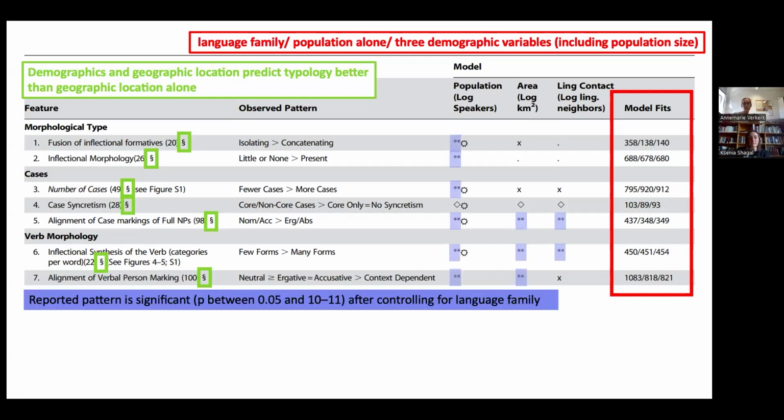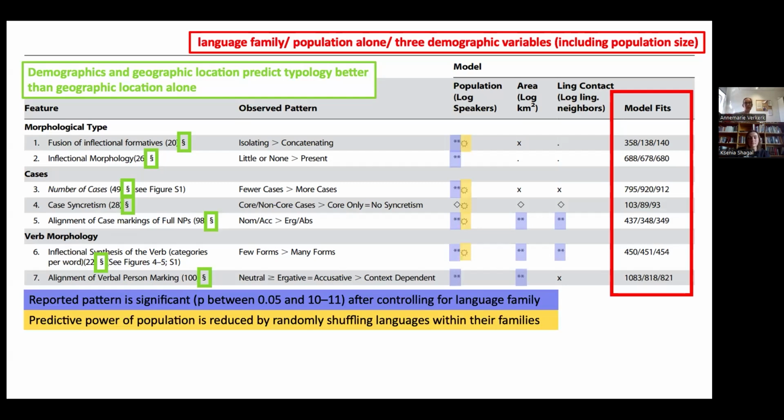Then also, if you control for language family, the pattern is still significant. That's this bar. Then they also apply another analysis where they shuffle the languages within their families, and the little sun means that the predictive power of population size is reduced if you do that. So there seems to be some, let's call it a genealogical effect on language structure that is kind of hidden in the data.